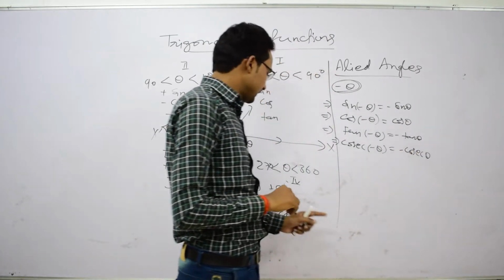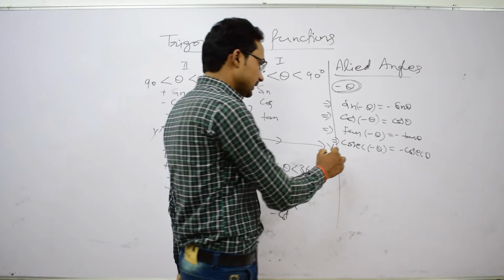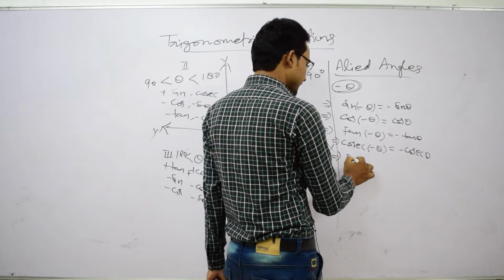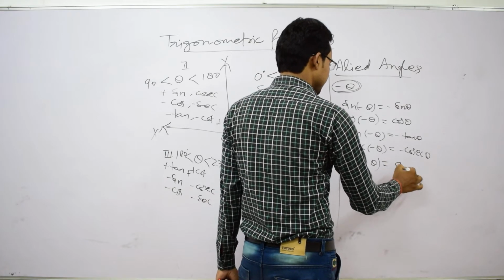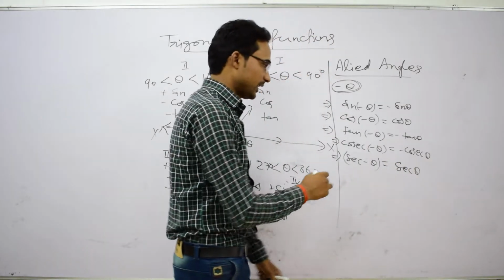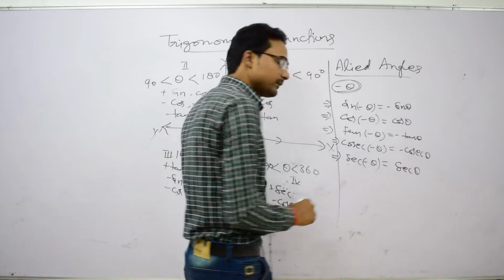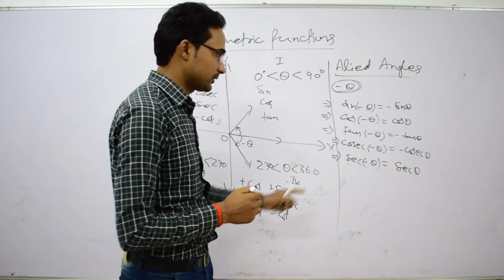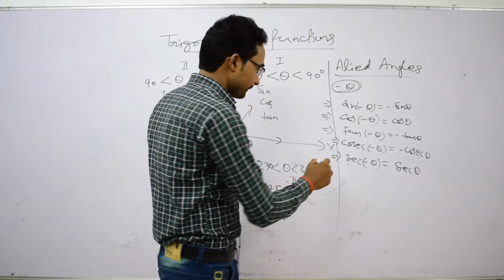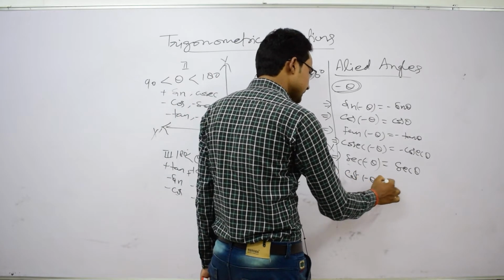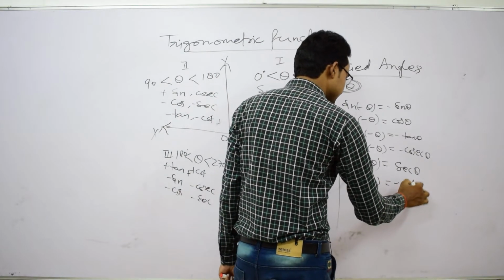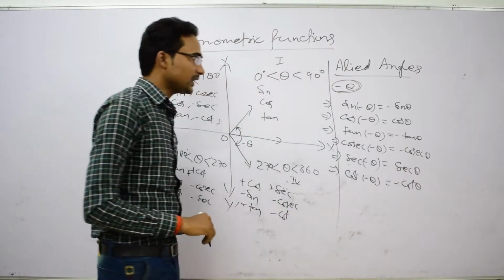Okay, because cosec in the fourth quadrant is negative. And sec minus theta, what will it be? Sec theta, because sec minus theta means the fourth quadrant, where sec is positive. So, sec minus theta equals sec theta. And the last trigonometric ratio is cot minus theta, that means cot in the fourth quadrant is negative. So, minus cot theta. Okay.